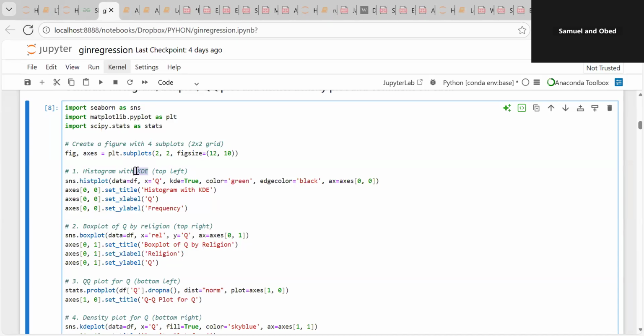So what are some of the things a histogram can tell you? It can tell you something about the entire distribution. As you can see in our example here, it is scale, and we are trying to check its distribution.